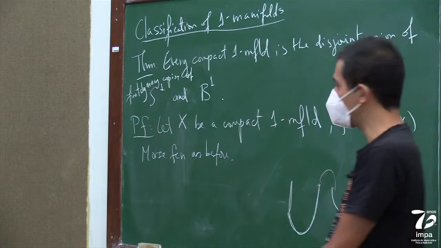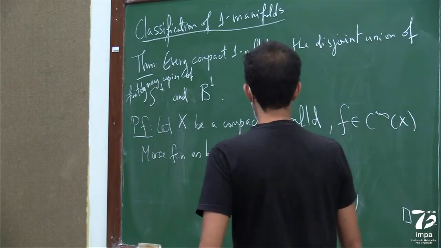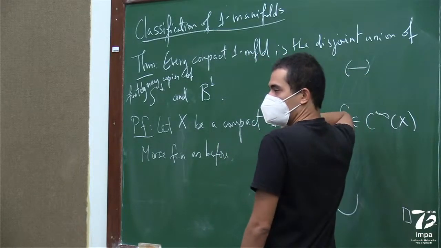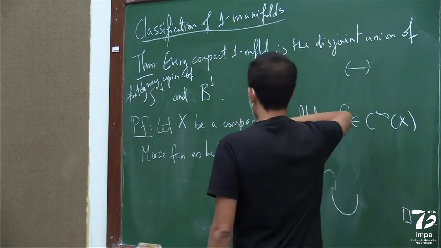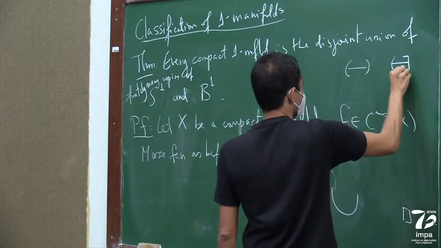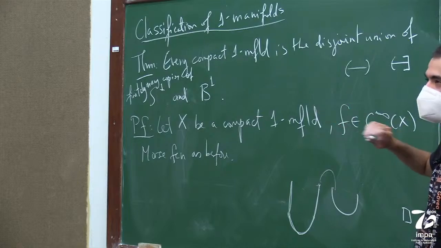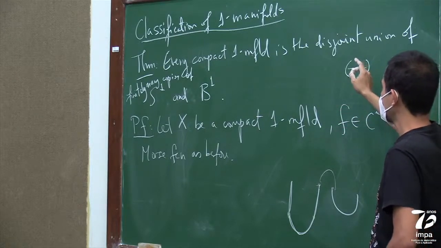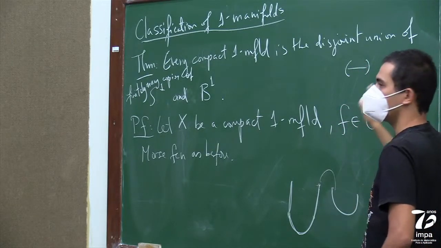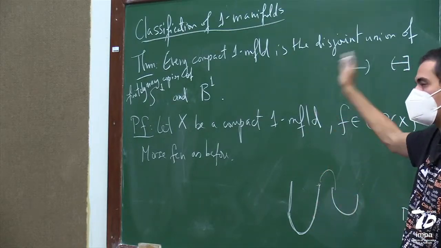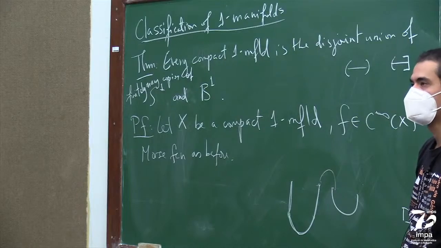But you can actually prove, in dimension 1 at least, that the only things that can happen are something that's an open interval, which is the same as R, or something that has one boundary and then one open interval on top of these. So if you don't require it to be compact, then it can also be this or this, if it's connected. If it's disconnected, then it can be disjoint unions of these guys.